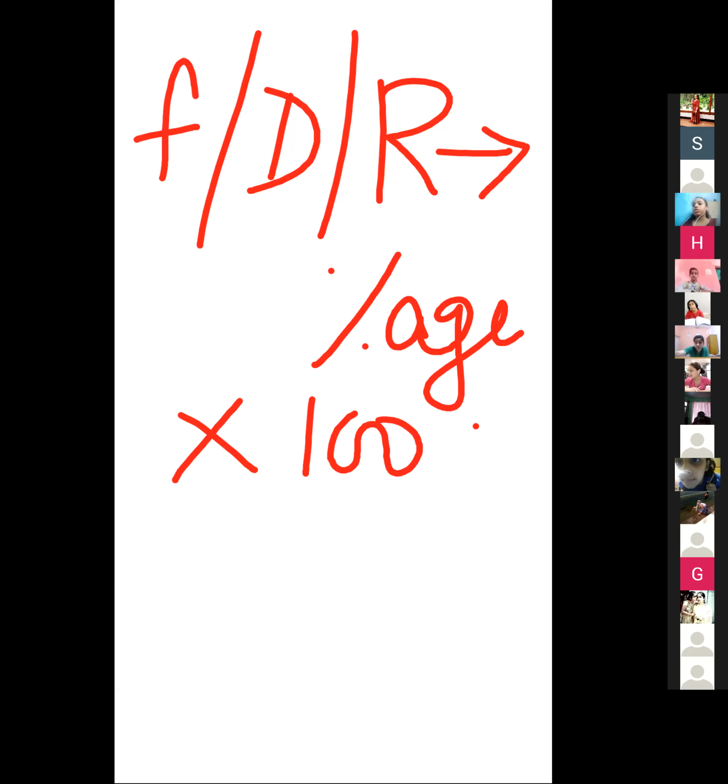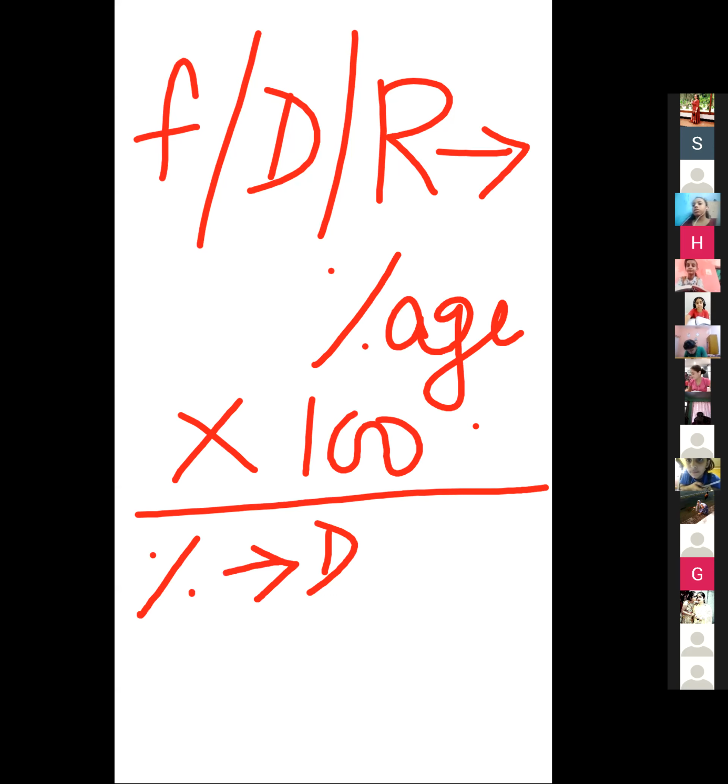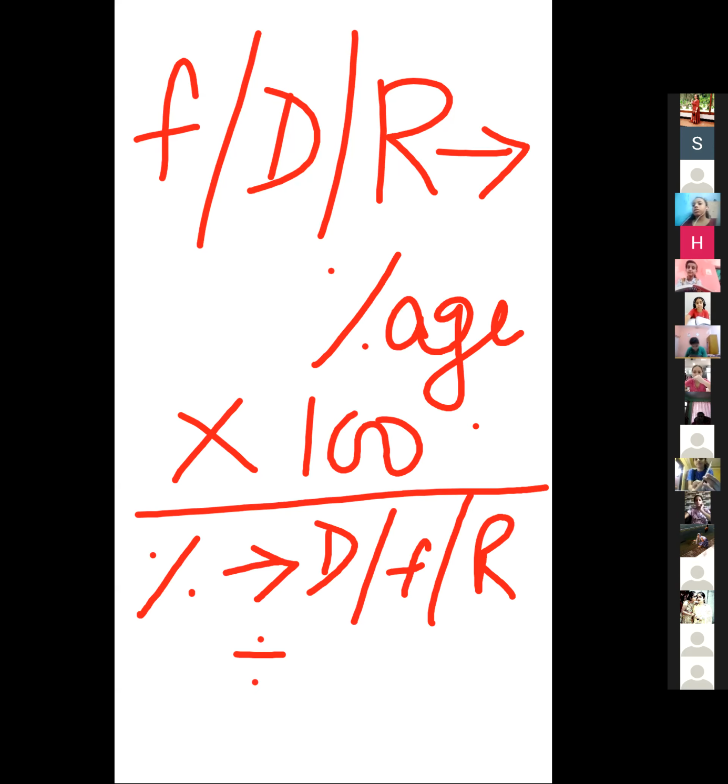And what have we done again? We changed percentage into decimals, fractions and ratio. When we change percentage into decimal, fraction and ratio, we have to divide with 100.